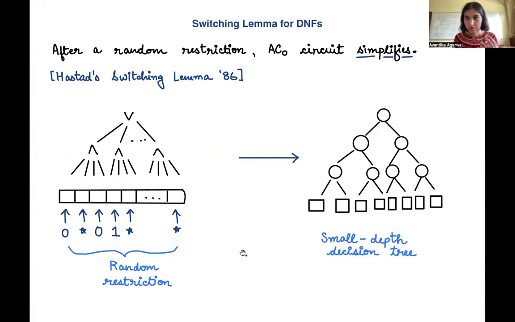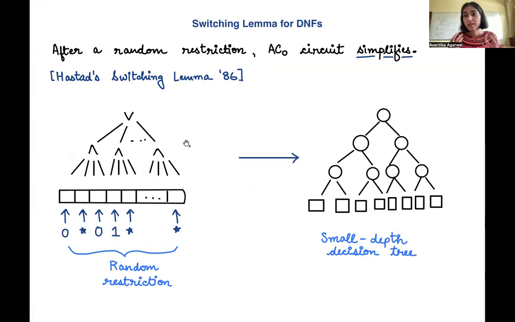These types of results are called switching lemmas in classical complexity. So what does it mean? It means that suppose you have some depth 2 circuit and you apply a random restriction to it. Then Håstad's switching lemma tells you that with very high probability over the choice of this random restriction, your depth 2 circuit will become a small depth decision tree.